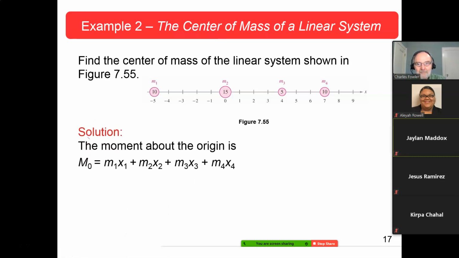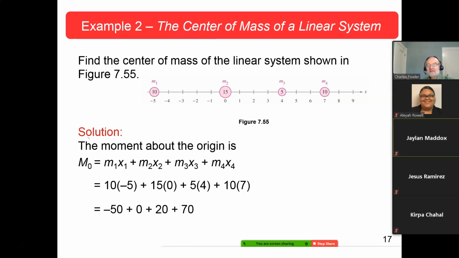Okay, so let's see how they did it. The moment about the origin being the center there, m1 times x1 plus m2 times x2 plus m3 times x3 plus m4 times x4. M1 was 10 times negative 5 would be a minus 50 plus 0, and this is the same thing we did, minus 50 plus 0 plus 20 plus 70, and that came out 40.